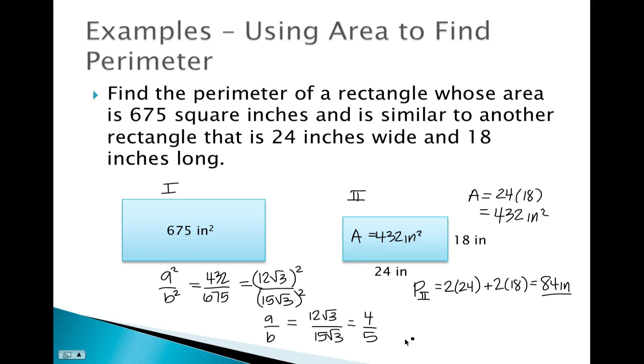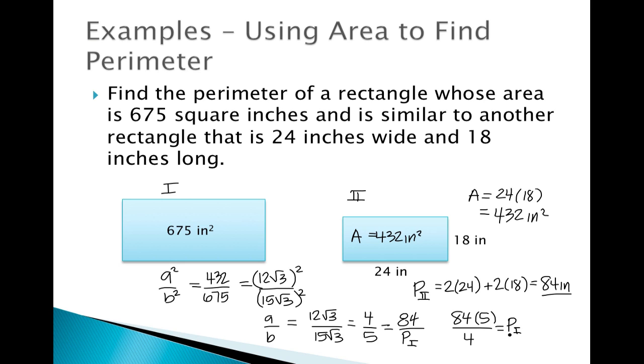Now that we know this perimeter, we can set it equal to our ratio. So 4 over 5 is going to equal 84 inches over the perimeter of figure 1. Since we have our proportion set up, we can solve for the perimeter of figure 1. That's going to equal 84 times 5 divided by 4.